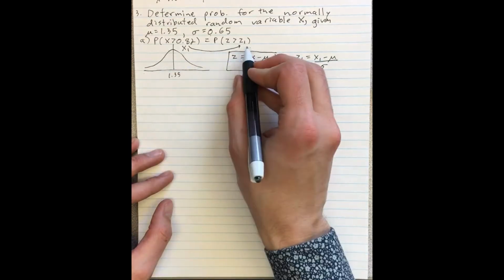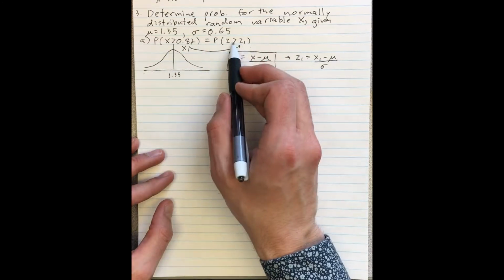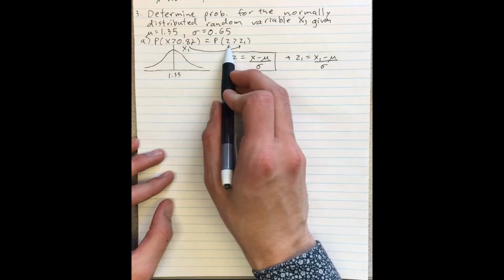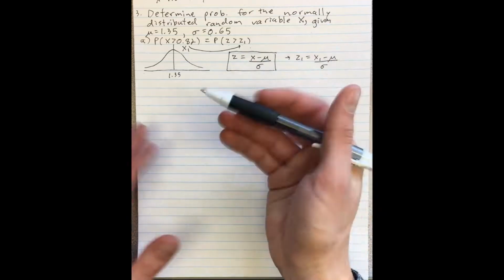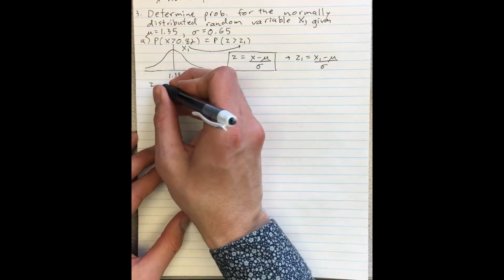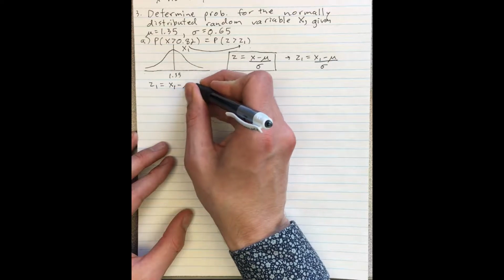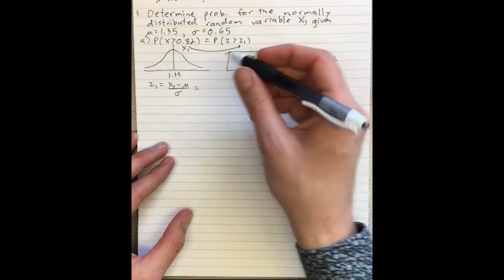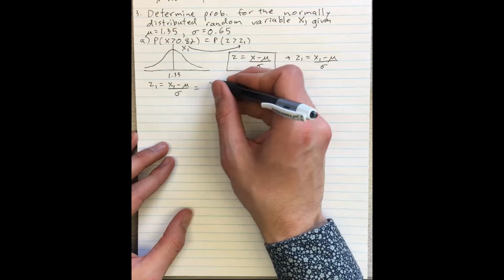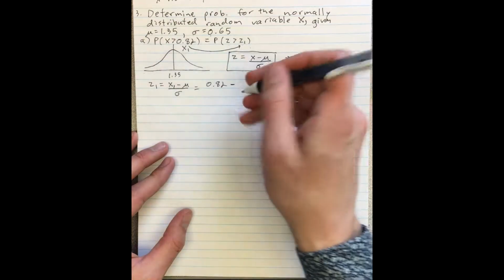We need to find this z1 that is going to let us figure out this probability. And notice that it's the exact same: the x gets replaced with a z, and the number value gets replaced with a value we're going to figure out. So z1 equals x1 minus mu over sigma. Let's just plug these values in. x1 is 0.82, as given in the problem, minus mu, which is 1.35.